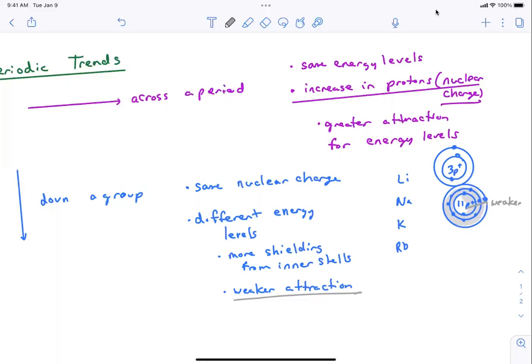So the actual attraction is one proton for that one valence electron in all of group 1. And in group 2, it's 2 protons for the 2 valence electrons in group 2. In group 17, it's 7 protons for the 7 valence electrons in group 17. So you also explain the shielding part? In the bottom here? Yeah.